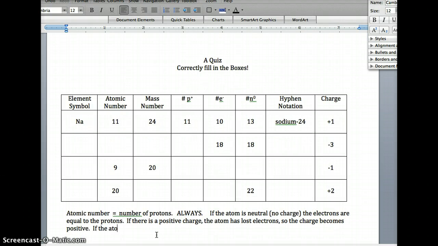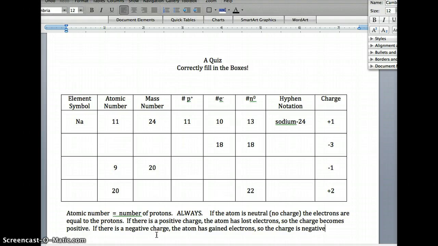If the atom has a negative charge, the atom has gained electrons. So the charge is negative.